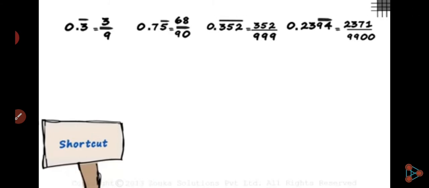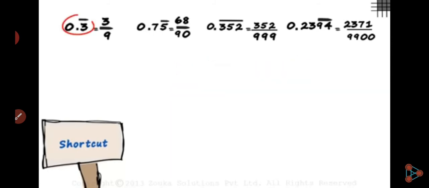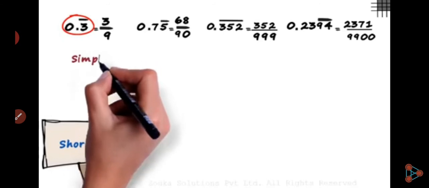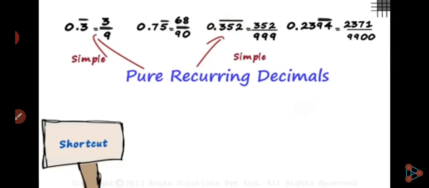Okay, so if we talk about the shortcut method, let's see whether the decimal number is simple or mixed. The first is simple because only 3 is repeating, and the third one is simple because in 352 all the digits are repeating. So they are pure recurring decimals.